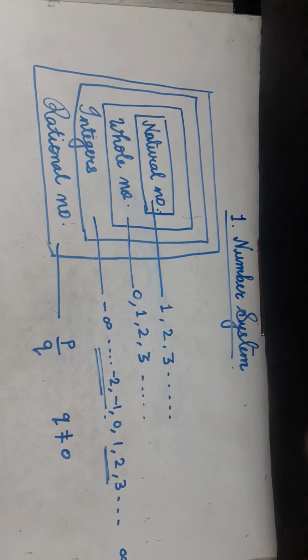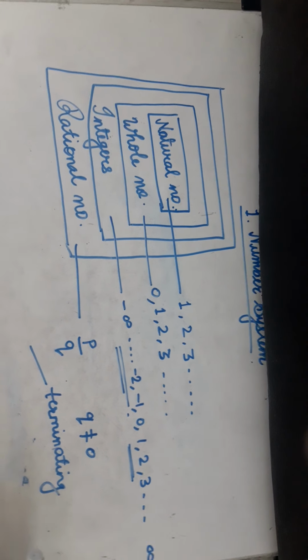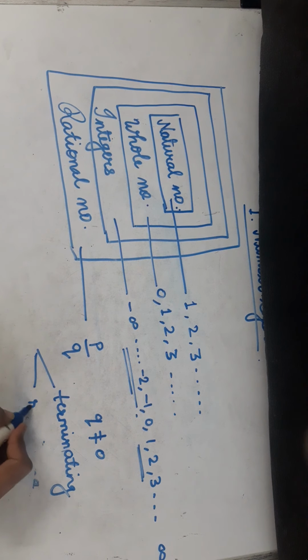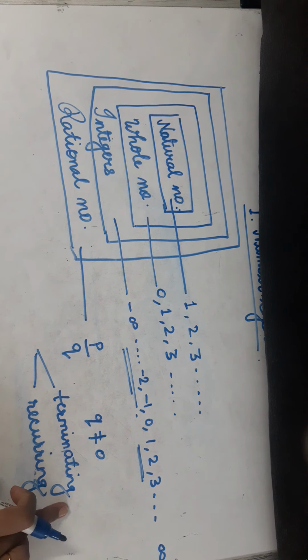If a decimal number is given to us, we can identify whether it is rational or not, because a rational number, if we write it in decimal form, can be a terminating decimal or a recurring decimal.